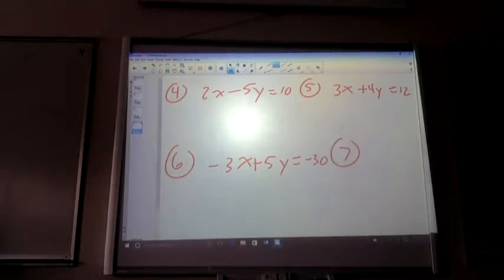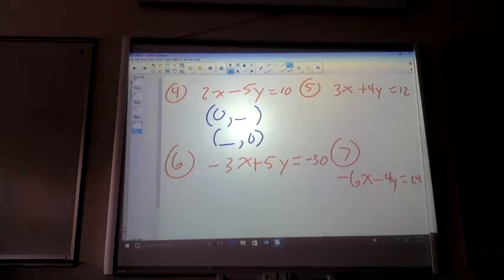Number 7 is, what did I do? Okay, so all of these are going to be done with the cover method. What we're going to do is this: we have 0, comma, blank, and blank, comma, 0. We're going to have the exact same thing on each one.